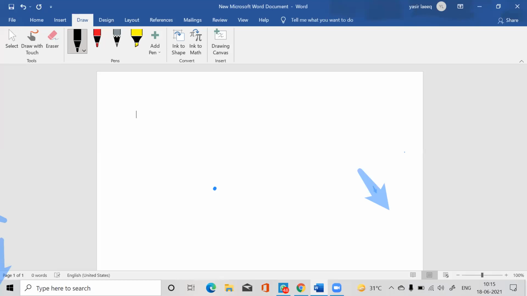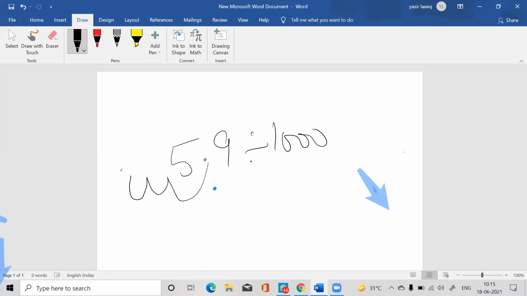Okay, it's 5.9 divided by 1000, so you have to move 3 places backward. 1 place, 2 place, 3 place. So here you have to put the decimal. Where there are no digits, you have to put zeros. Is it clear? Yes, sir, it's clear.